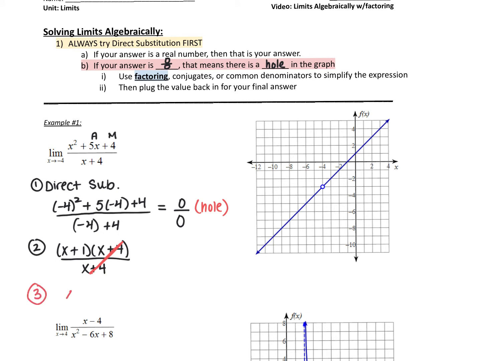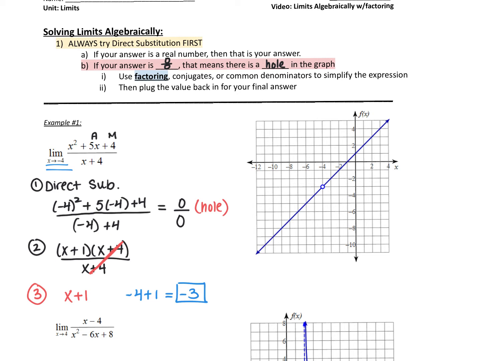just x plus 1. So if I want to take the limit now of x plus 1, I'm going to use direct substitution. So I'm going to directly substitute my -4. So -4 plus 1 gives me -3, which is my limit. So step 1 was direct substitution.